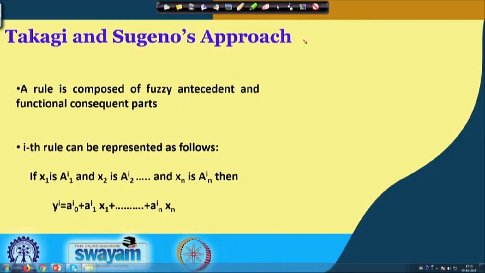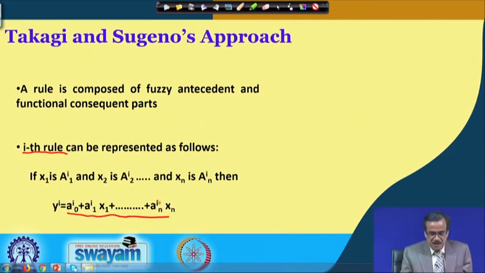Here in Takagi and Sugeno's approach, a particular rule, say the ith rule, is represented as follows: if x1 is A1i and x2 is A2i, and there are a few terms here, and xn is Ani, then yi is nothing but a0i plus a1i x1 plus, there are a few terms, and the last term is ani xn.